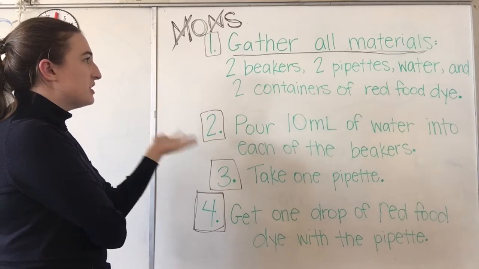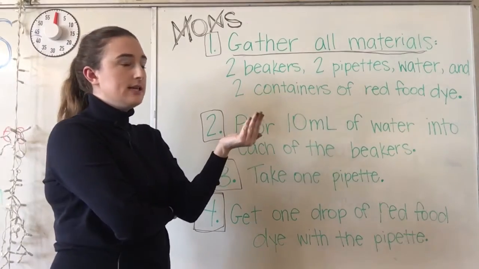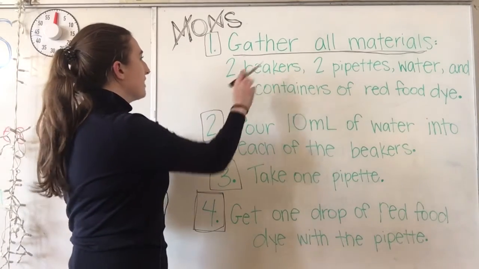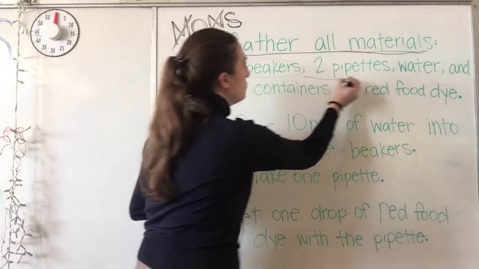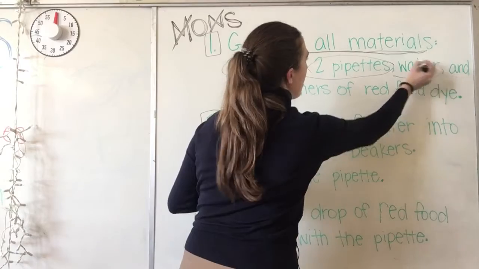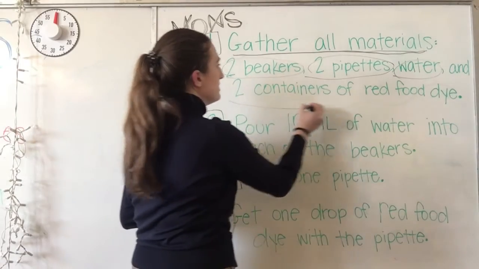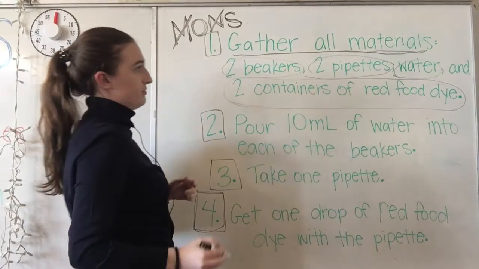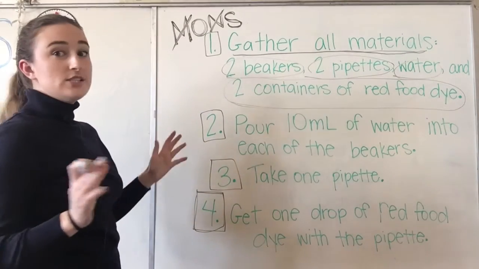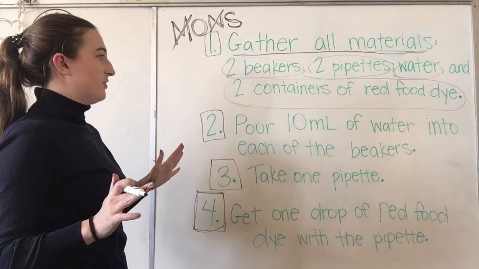Okay, so I'm going to just circle all the specific details that I notice. So under gather all materials, it says 2 beakers, has 2 pipettes, some water, that's specific, 2 containers of red food dye, that's really specific. I'm going to circle that too. All right, let's circle all the rest too.